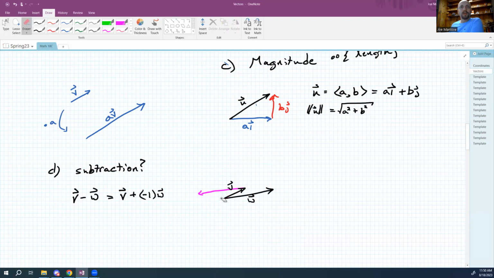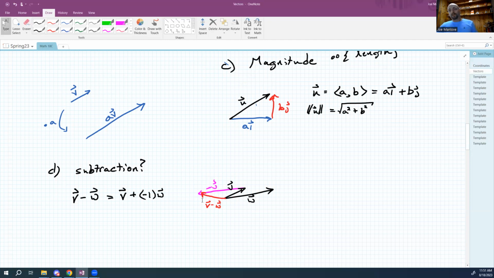So that's my minus W here. And then my resulting vector is going to be this one. It starts where V starts, and it ends where we ended with our tip to tail. We took V first, and then we took minus W, and that brought us from where we started V out to where we ended minus W. So that's our vector V minus W. And component-wise, this is super easy. You just subtract the components. You guys already knew that. I just wanted to draw a pretty picture.